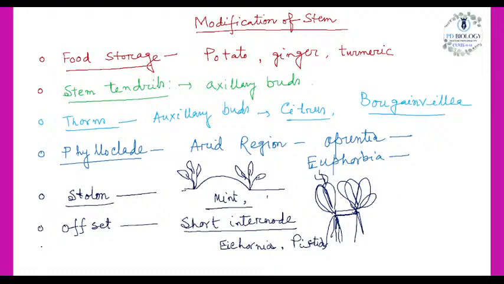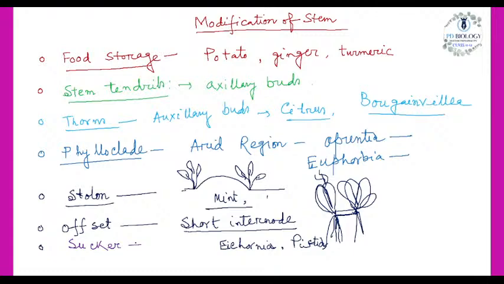Next one, the sucker. The lateral branches that originate from the basal underground part of the main stem are suckers. A sucker grows horizontally beneath the soil and comes out obliquely upward, giving rise to leafy shoots.